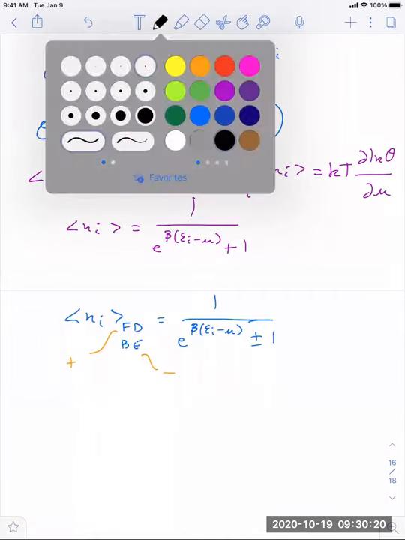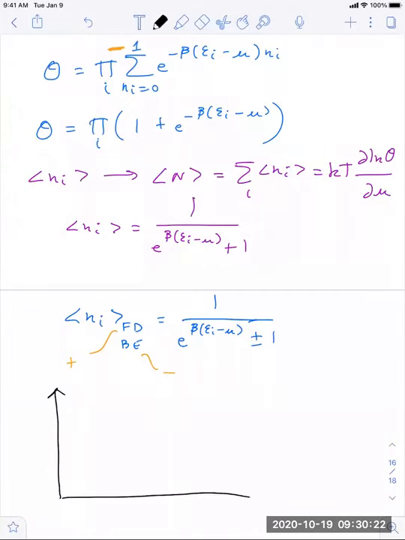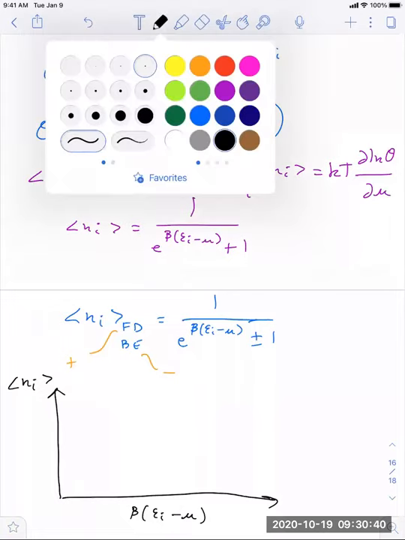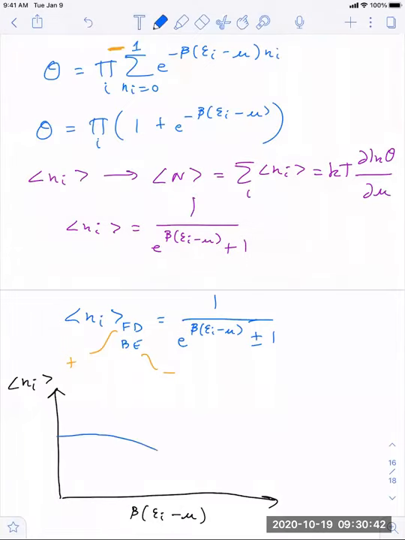And so just very quickly, what do these distributions look like? So here's the probability, or equivalently the average occupation number of some state, as a function of this quantity beta times the energy minus the chemical potential. So if I have a Fermi-Dirac distribution that looks something like this, where this is 1, the average occupation number for fermions cannot exceed 1.